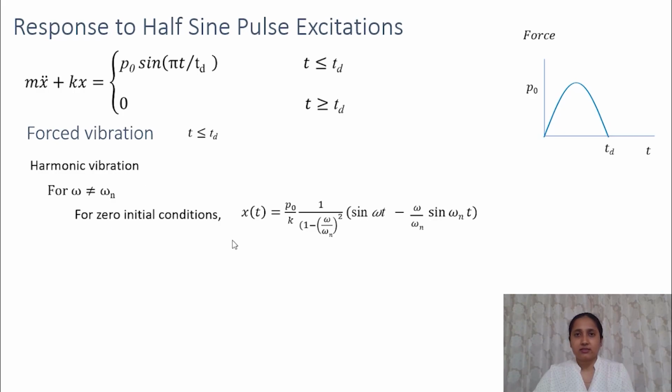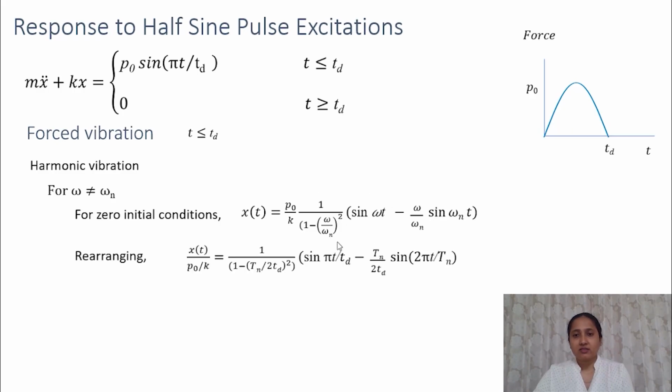If the initial conditions, that is the initial displacement and initial velocity, are 0, then the expression for the displacement response is this. We had derived it during the harmonic vibration discussion. So this is valid for omega not equal to omega n.